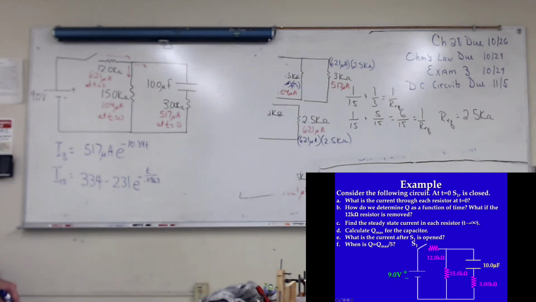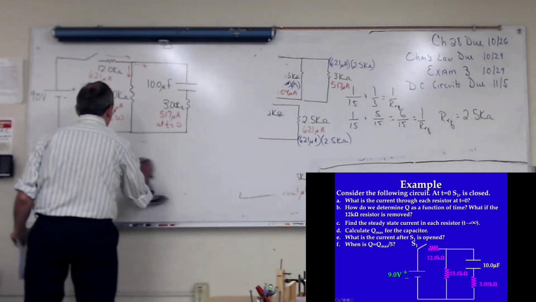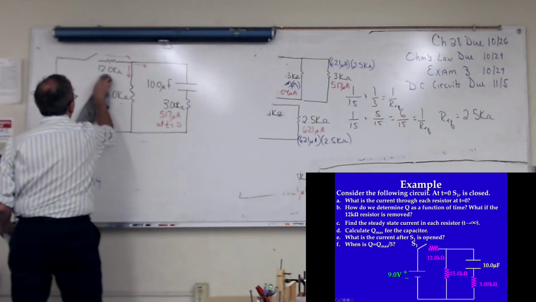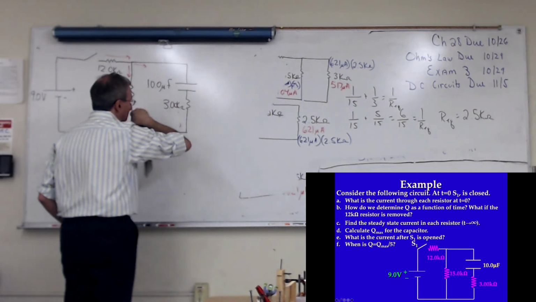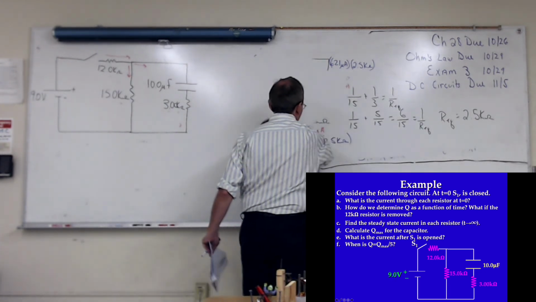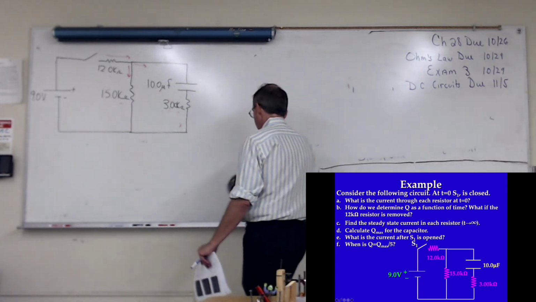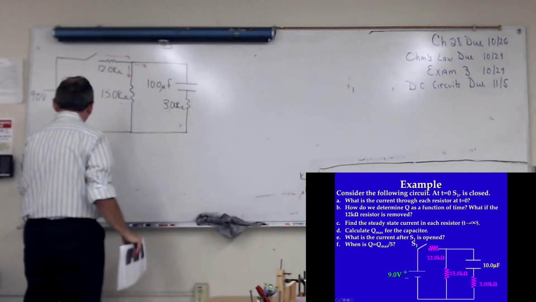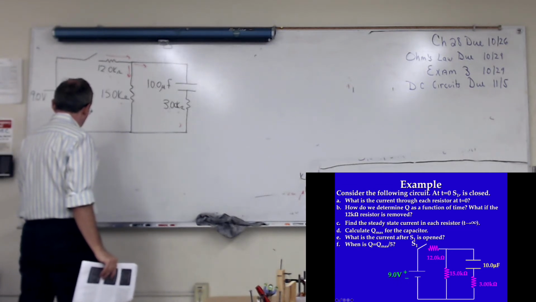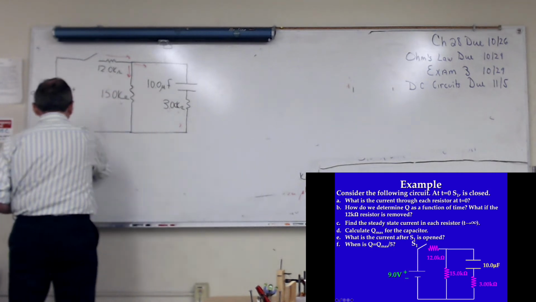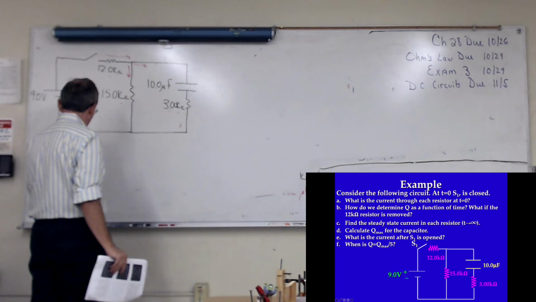So what's the steady state current? What do I mean by that? There would no longer be any current moving to or from the capacitor. So that's an easy circuit, right? A couple of resistors in series. Assuming S1 is closed, yes.